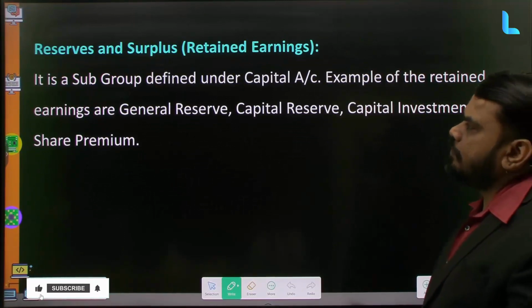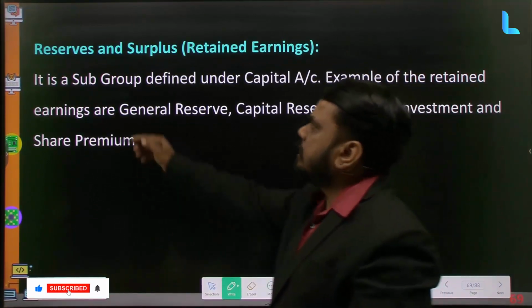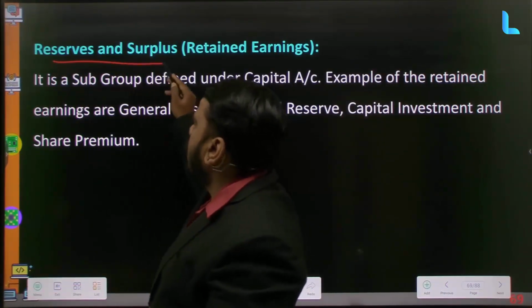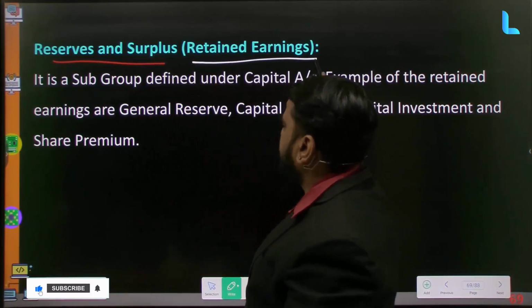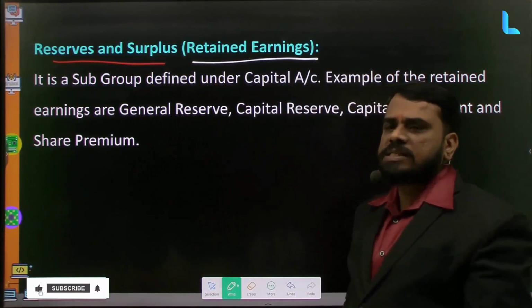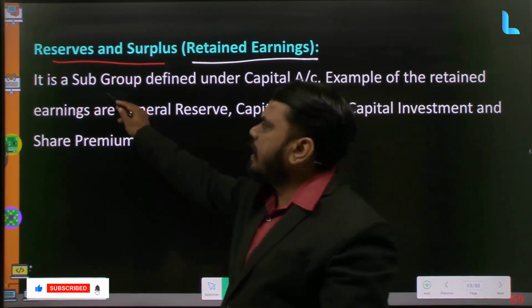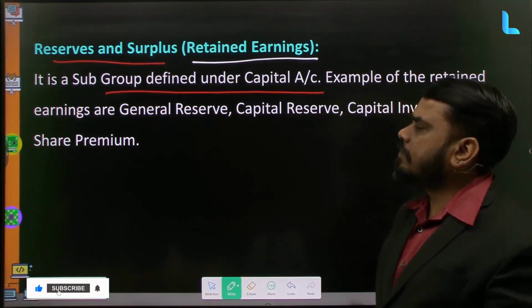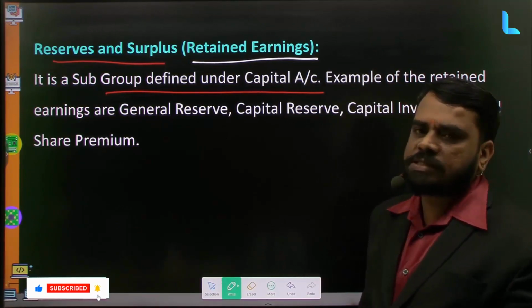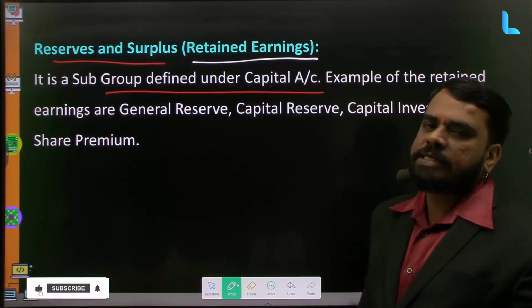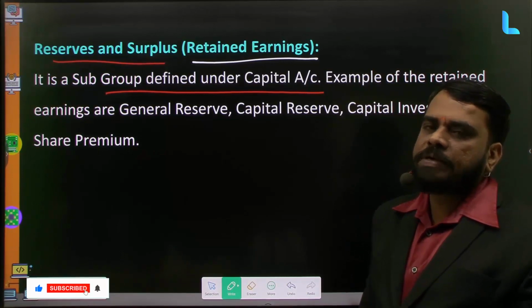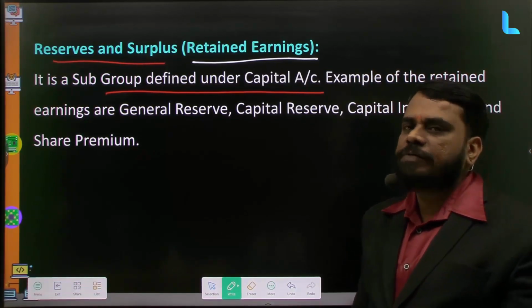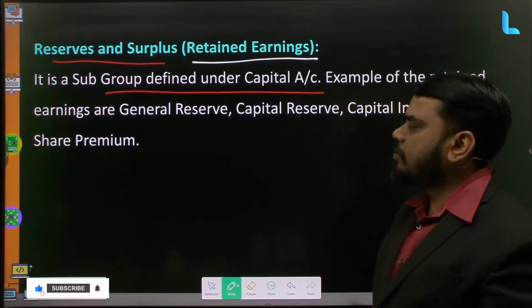The next group which we are discussing is called reserves and surplus, or in other words, retained earnings. This is a subgroup defined under the capital account. That is, whatever we earn from the company, a share or a portion of the amount we retain for further development or further use.